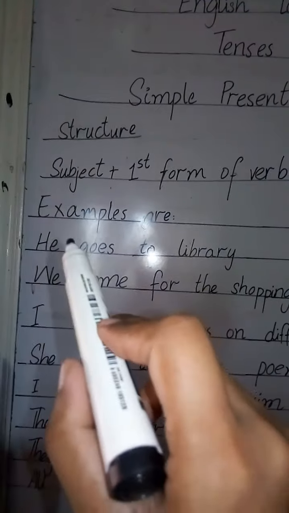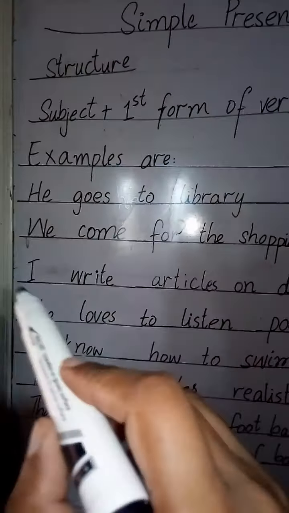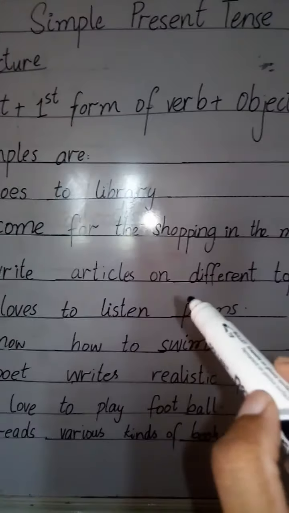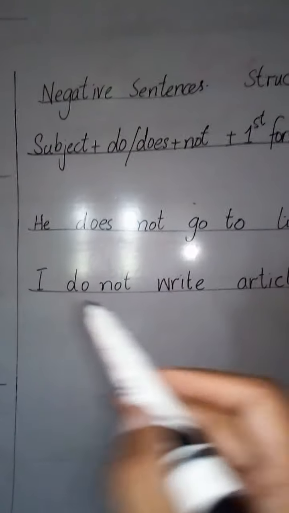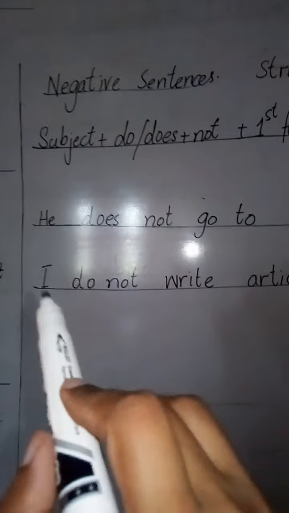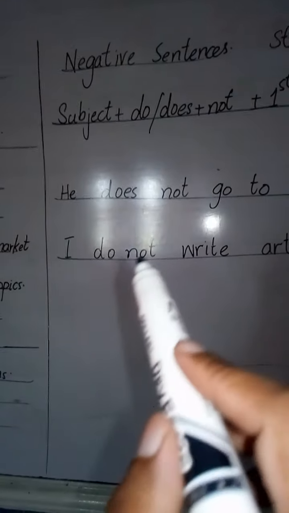And with others like we, I, they, with these subjects we add do. Okay, let's try the next one. I write articles on different topics. When we change it into the negative sentence, the sentence becomes: I do not write articles. So we add do not.